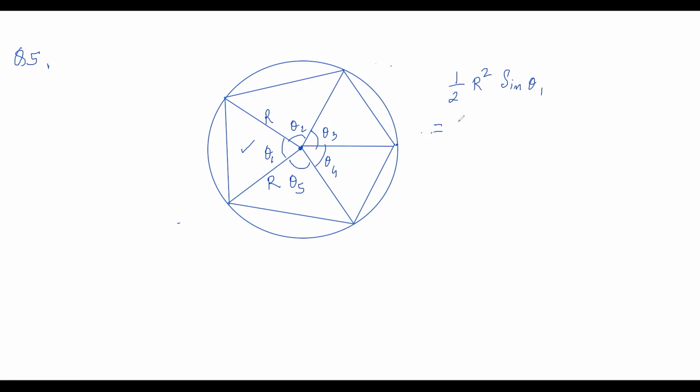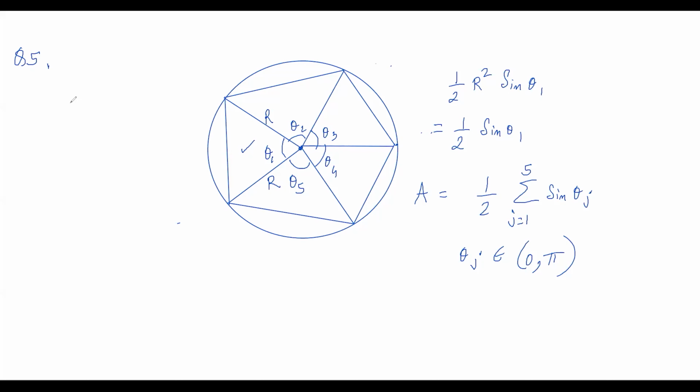But again, r squared is 1, and so it's half sine theta 1. So the total area of the pentagon is half the summation j going from 1 to 5 of sine theta j. And now each of those theta j's is from 0 to pi.